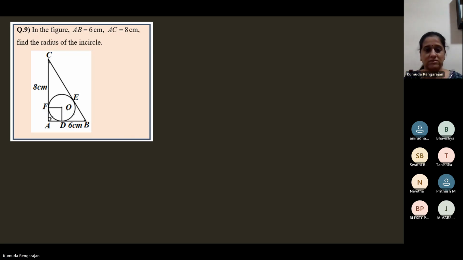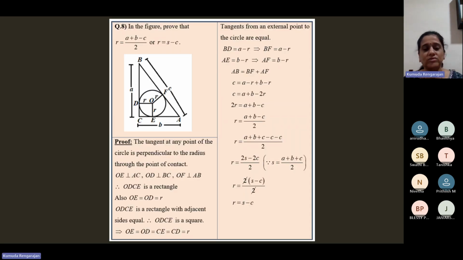Like here, if you're going to use R is equal to S minus C, derive this formula and then substitute the values and find R. Or if you're going to use R is equal to A plus B minus C by 2, derive this formula and then use it to find the value of R. If this were 3 marks, you should know that. If it's an MCQ, you can just use the formula straight away and pick the correct answer.